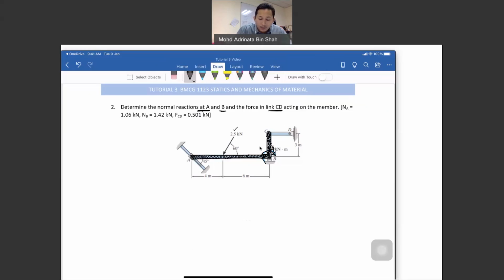For smooth collar, we have normal 45 degree at A. And this is roller. So roller is normal to the B. And finally, we have our FCD.